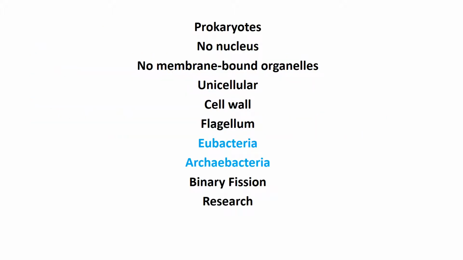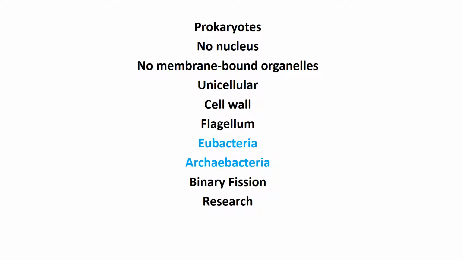This video is about prokaryotes. Prokaryotes are organisms whose cell does not contain a nucleus. Prokaryotes also do not have membrane-bound organelles. And all prokaryotes are unicellular. The vast majority of prokaryotes have cell walls, and many of them have a flagellum.